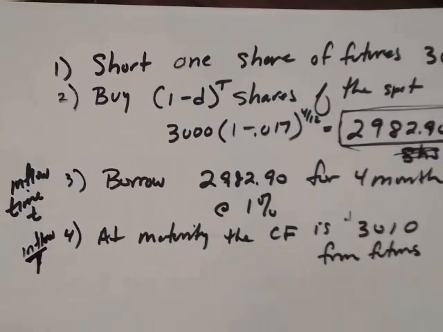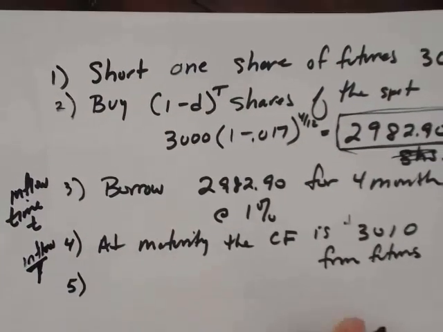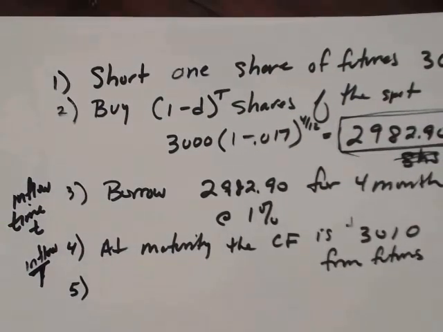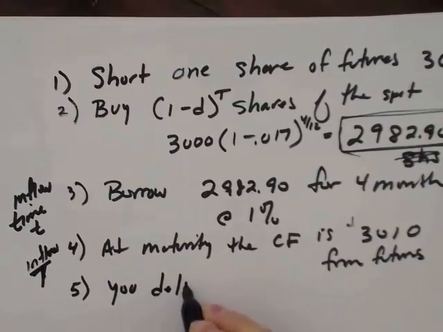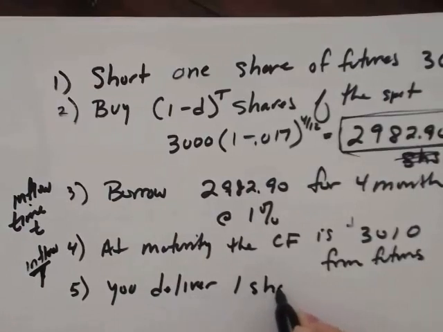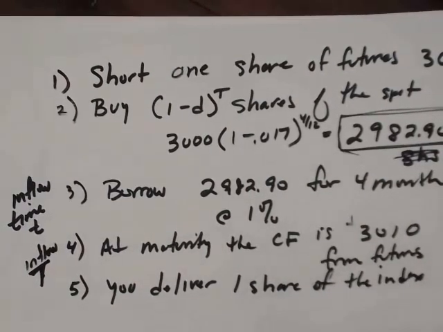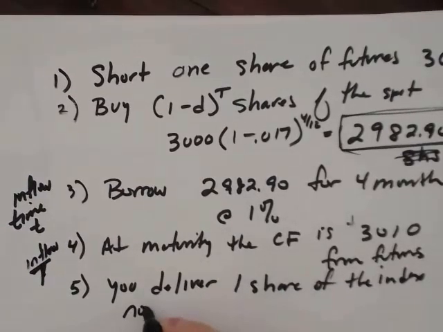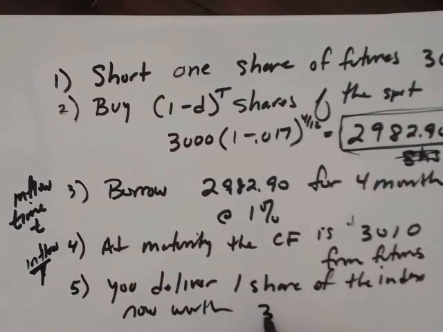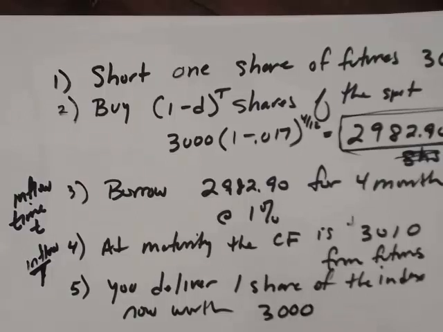Okay, now step number 5, step 5 of the recipe, so to speak, is you deliver one share of the index, which is now worth $3,000.